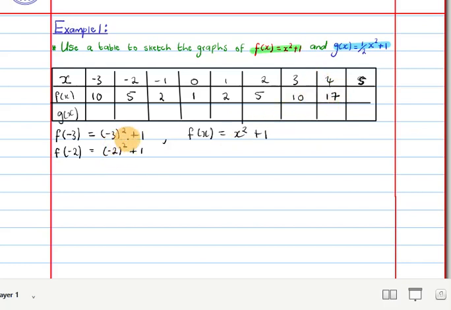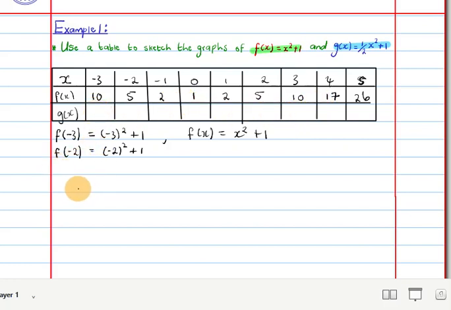And 5 squared is 25, and 25 plus 1 becomes 26. I just decided to plug in a few values for -2 and -3 so that you see how I reach these numbers.